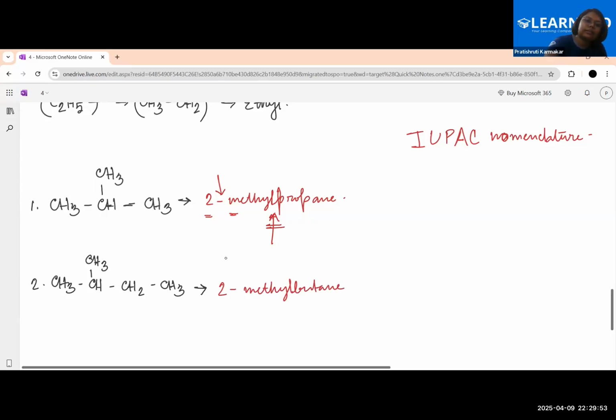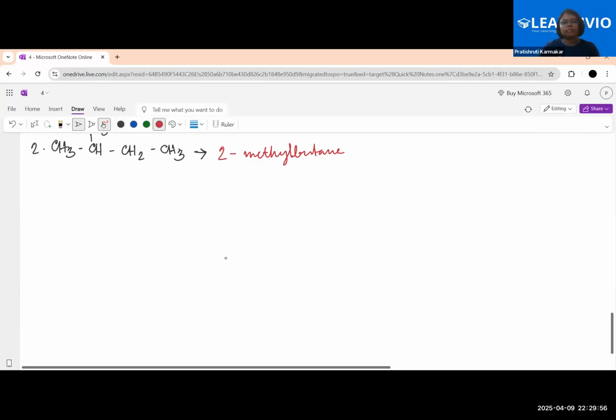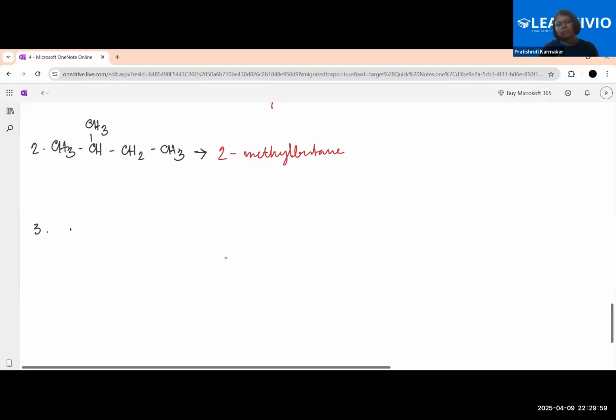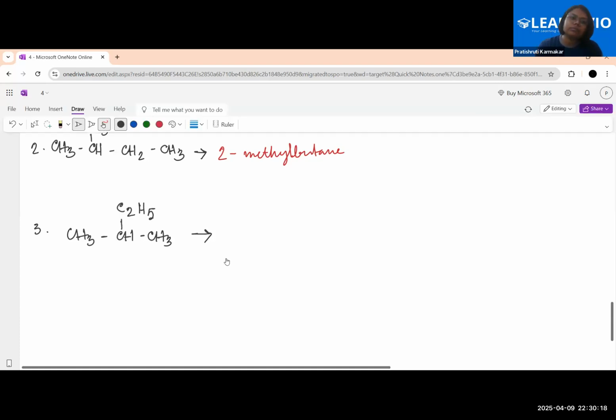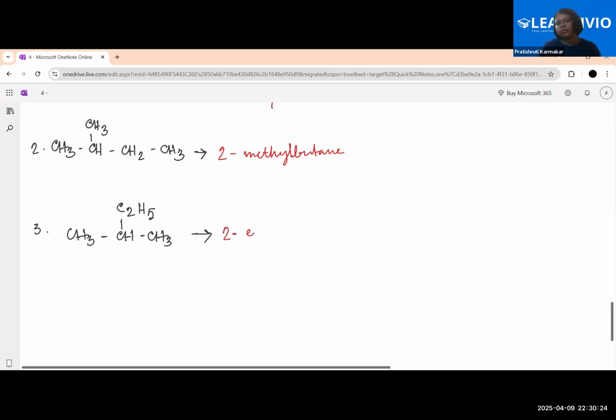Okay. Next. What will we call it? This will be 2-ethyl propane. Would you like to recheck this one?